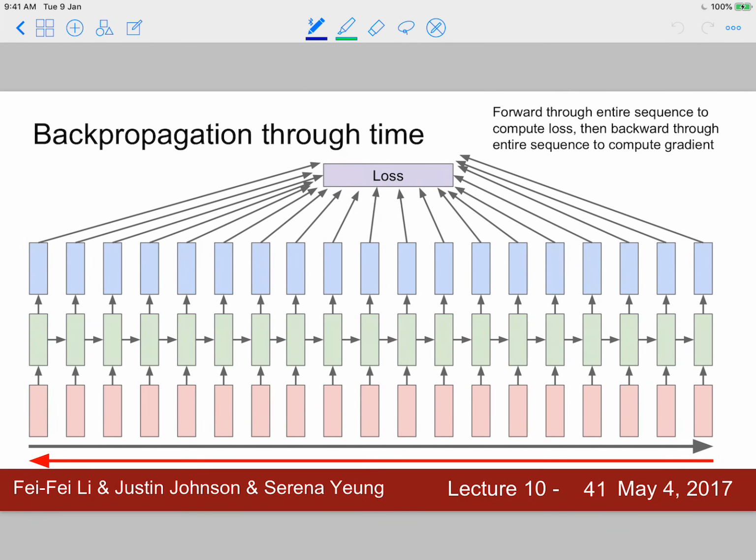Okay, and then I want to discuss the gradient about this b. We have HT minus 1 here.